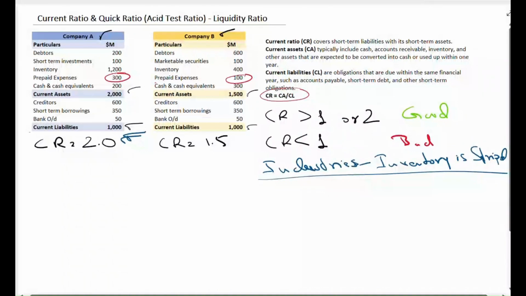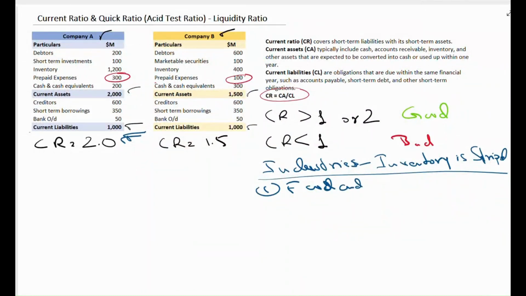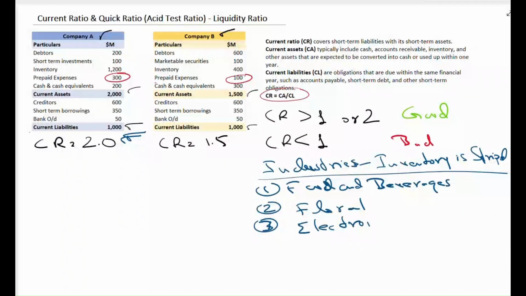Okay, we can have food and beverages. Number two is floral. Number three can be electronics. Number four can be the fashion industry. Number five can be the general perishable sectors.